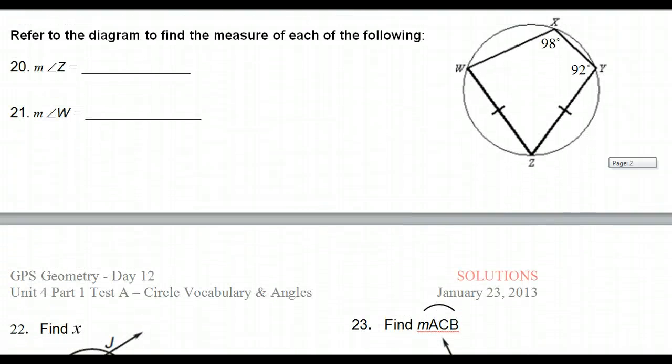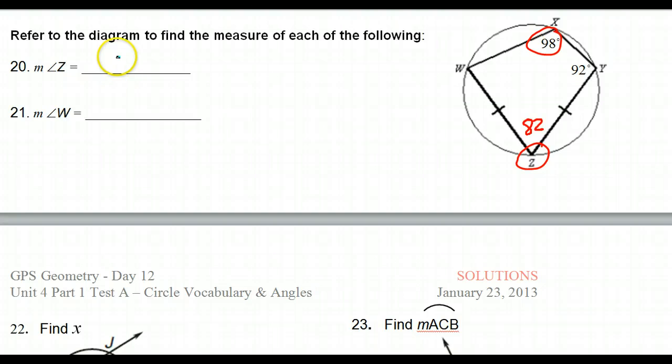Alright, let's move on. Now, as soon as you see a quadrilateral that's inscribed inside of a circle, the property that should be popping into your mind is the opposite angles are going to be supplementary. So this and this should be supplementary. So if I subtract from 180, I should get angle Z. So that is going to be 82.